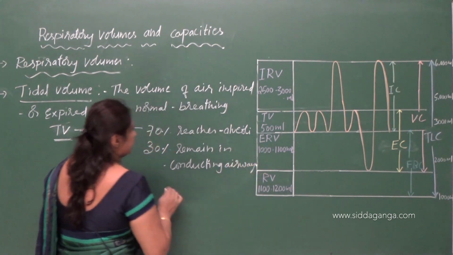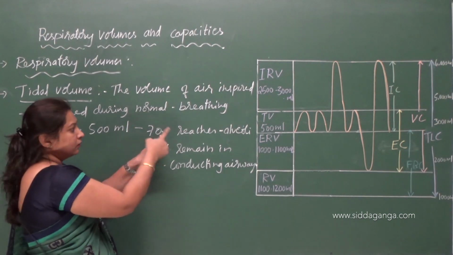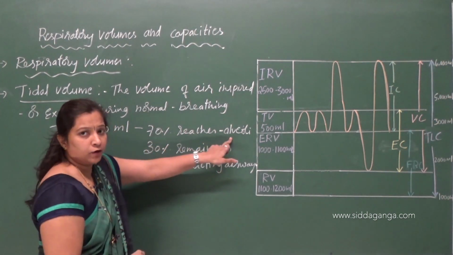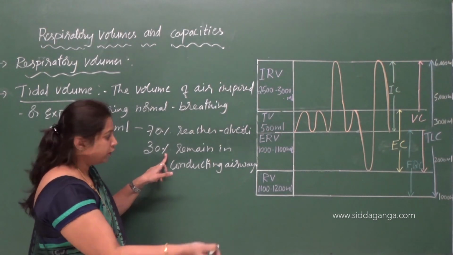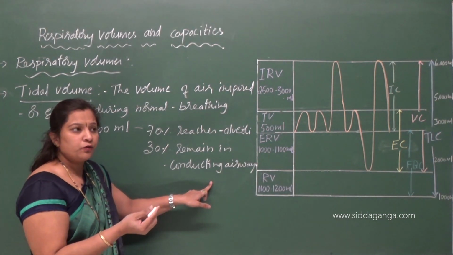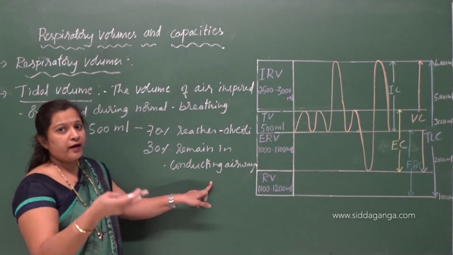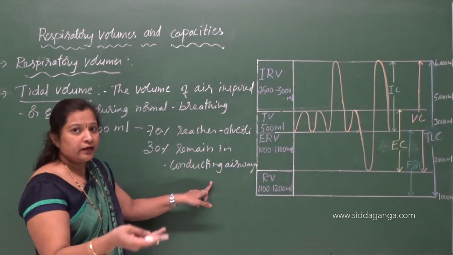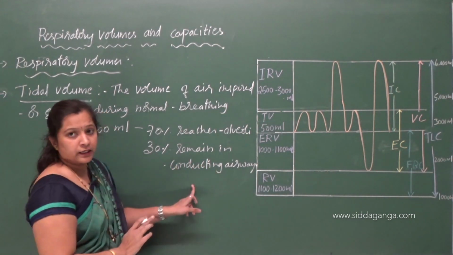So the remaining 30% will not reach up to the alveoli, it will remain in the conducting airways. The conducting airways include, as I already explained in the conducting zone, the trachea, bronchi, bronchioles, terminal bronchioles. So 30% of air will remain in the conducting airways.